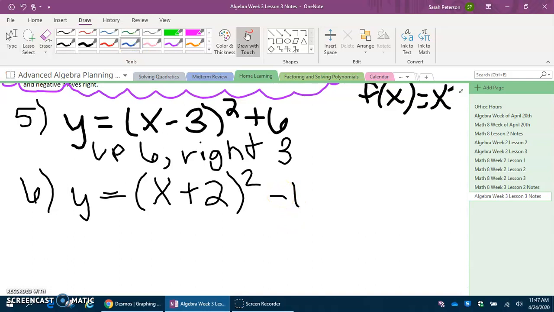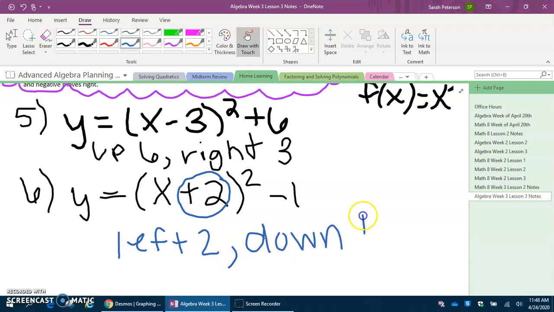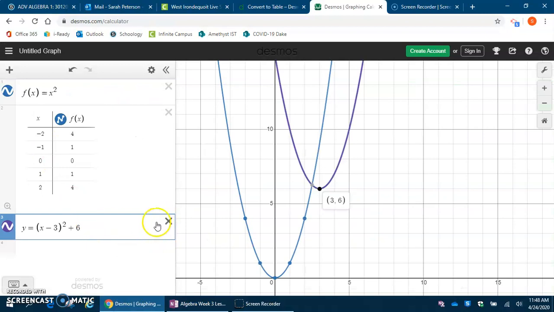In the parentheses, it's plus 2. That means it's going to shift left or right, but since it's positive, it's going to go in the other direction. So this is going to be left 2 units. And then the negative 1 tells me it's going to go up or down, so it's going to go down 1. I'm going to look at that in comparison and make sure I'm correct.